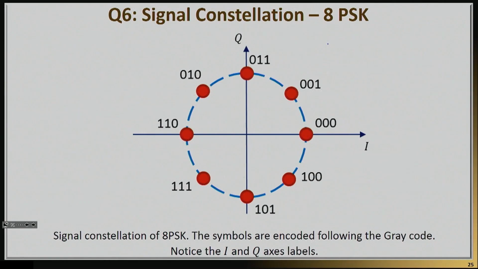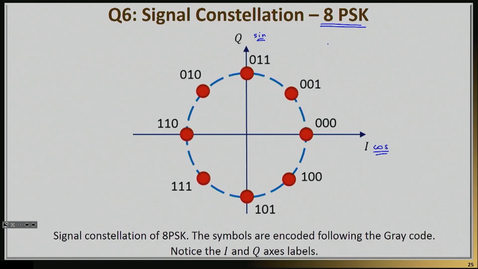Let me show you an example of an 8 PSK, in which case we don't just change the phase in a binary way, but rather use 8 different phases to encode information. Now we're going to have a variety of cosine and sine possibilities. This I-axis is the in-phase axis, called cosine. This is the quadrature axis, called sine.